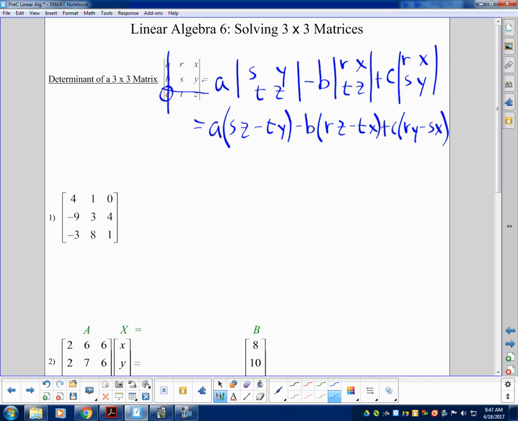So, could we calculate the determinant of this 3 by 3 with this formula? Sure. What would go first? 4, right. And what 2 by 2 determinant would be left over when I cross out the row and column that 4 is in? 3, 4, 8, 1. And then what do we have to remember about the sign?